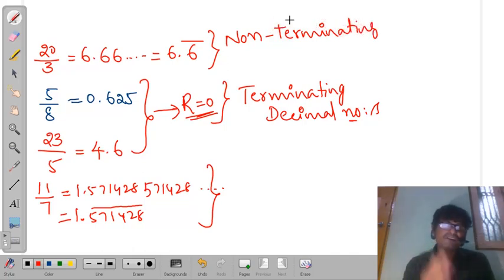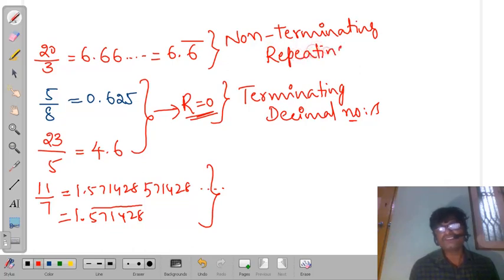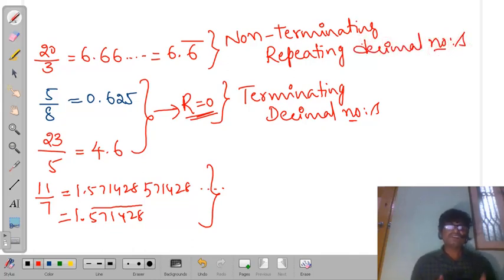But in these two non-terminating decimal numbers, a block of digits is getting repeated. So we can call these non-terminating repeating, or recurring, decimal numbers. Like this, we have two types: one is terminating decimal numbers, the other is non-terminating repeating decimal numbers.